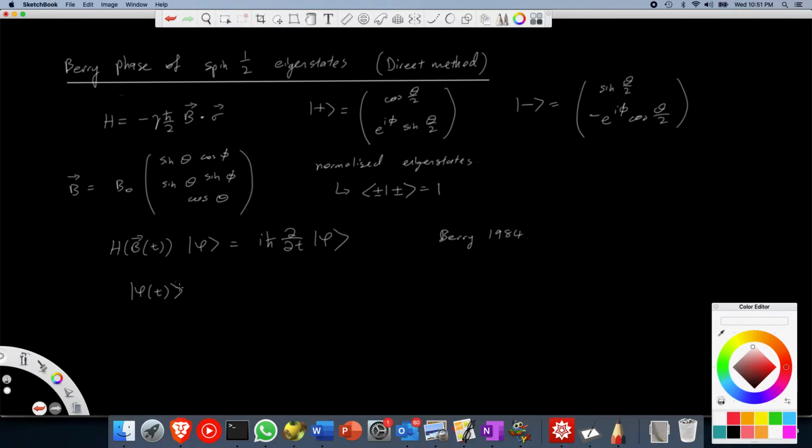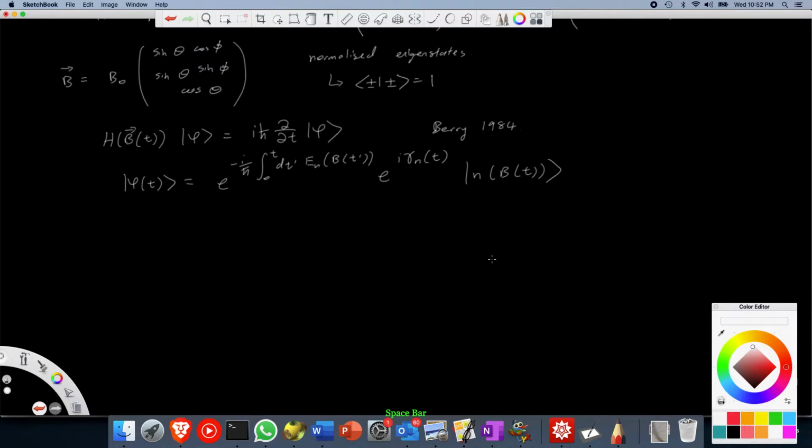you get psi as a function of time equals e to the power of minus i over h bar, integral from 0 to time t of the eigenenergy, and the eigenenergy is dependent on the magnetic field, which is dependent on the time, and e to the power of i gamma n of t, and this is just an eigenstate of the Hamiltonian.